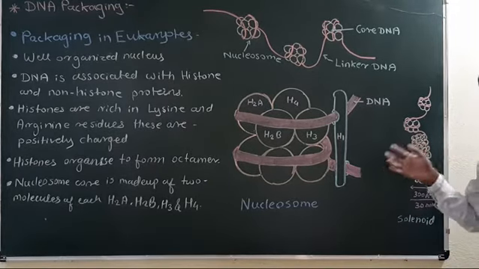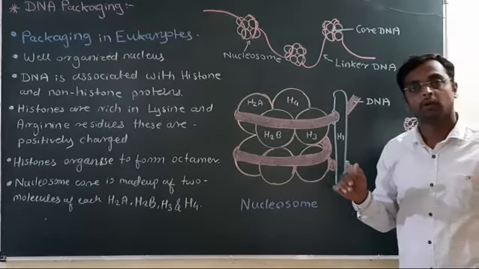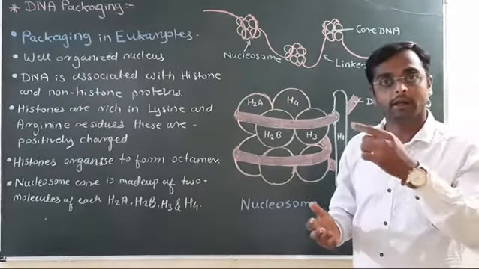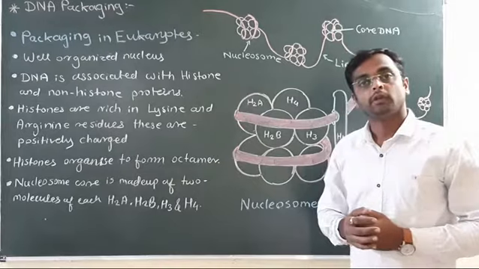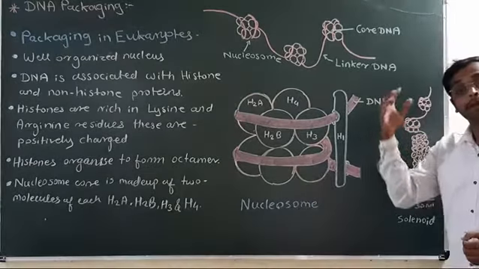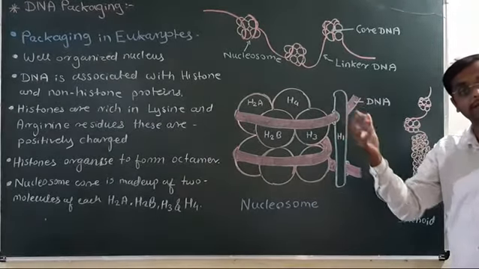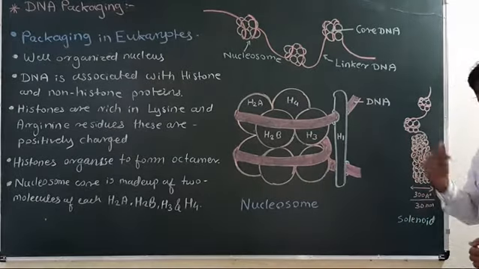Again this solenoid fiber supercoils and looks like a coiled telephone wire. This structure is present in the metaphase stage where the supercondensation is formed at the time of cell division.